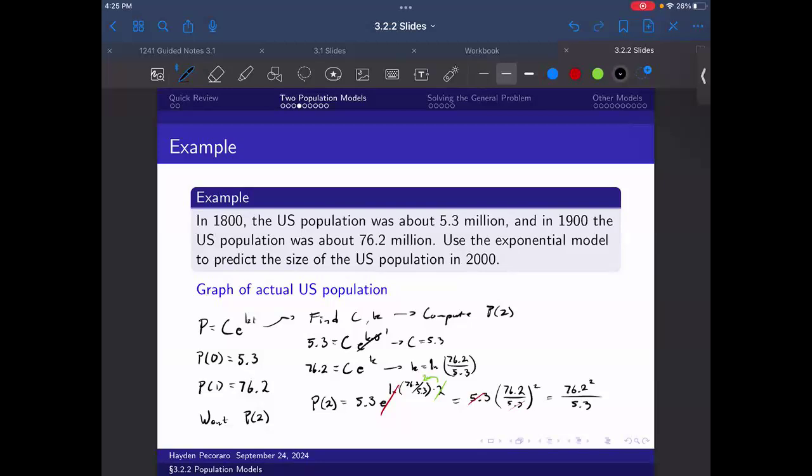You got a number already? 76.2, square it, and divide by 5.3. Okay, I'm getting a little bit bigger than 87. I am getting 1,095, or let's just round it to 1,096.